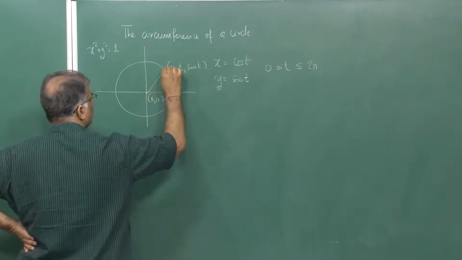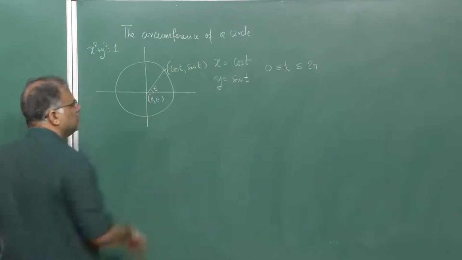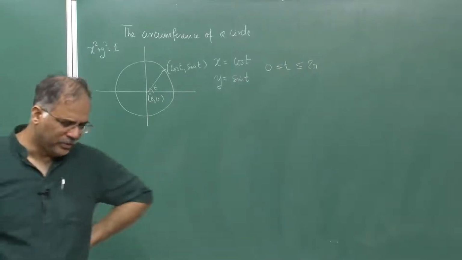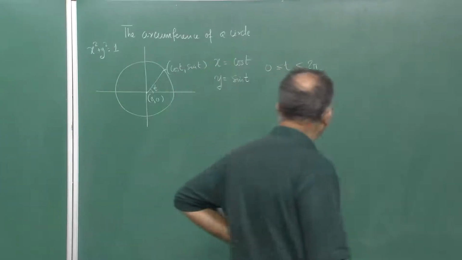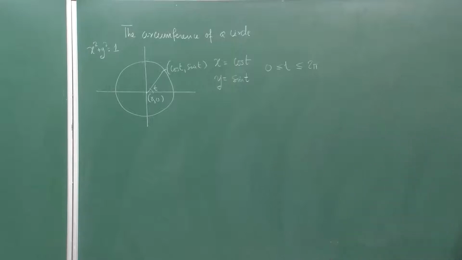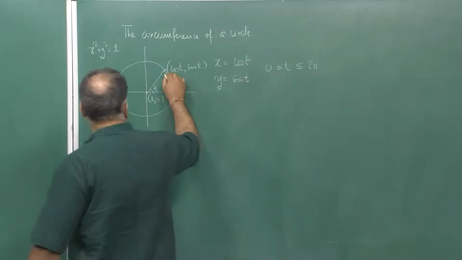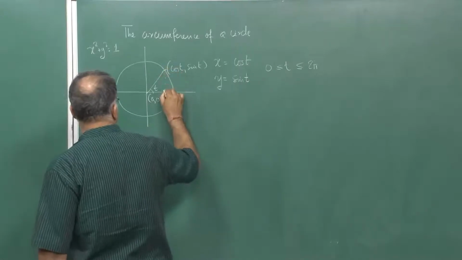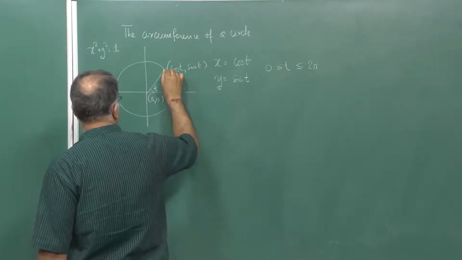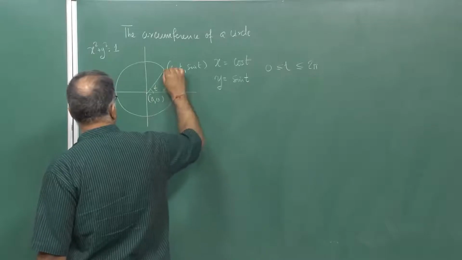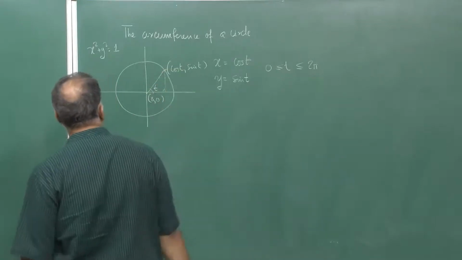T is actually representing this angle that you get when you join it with the point, because here if you drop the perpendicular, this is your x coordinate and this is the radius, the hypotenuse of this right angle triangle.